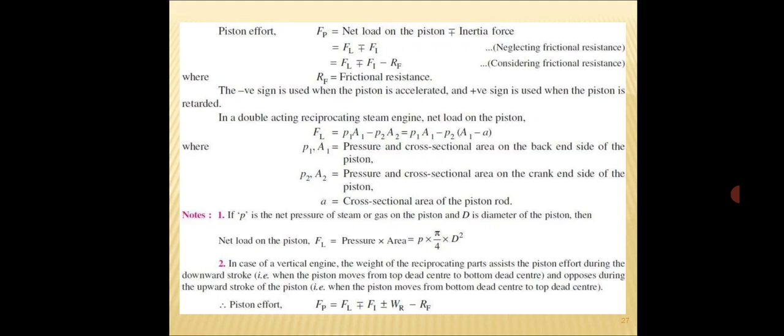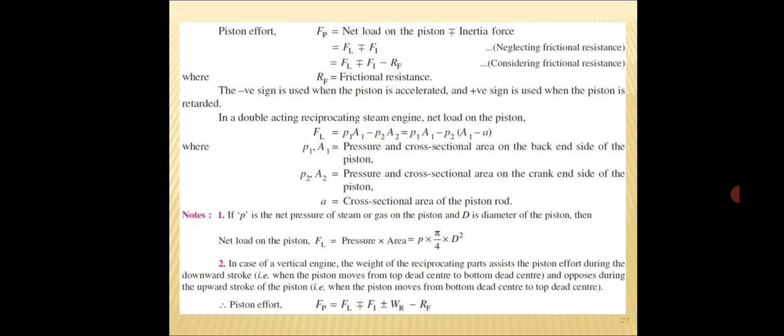Fp is the net load on the piston plus or minus the inertia force, neglecting the frictional resistance. So the equation becomes FL plus or minus Fi minus RF, where RF is the frictional resistance. The negative sign is used when the piston is accelerated. The positive sign is used when it is decelerated, that means retarded.